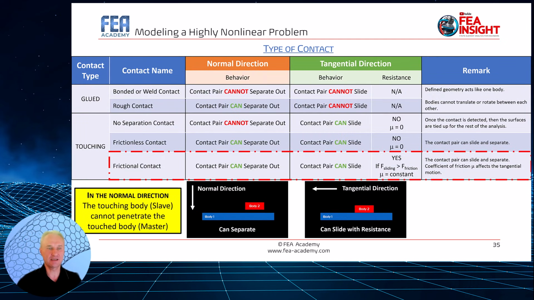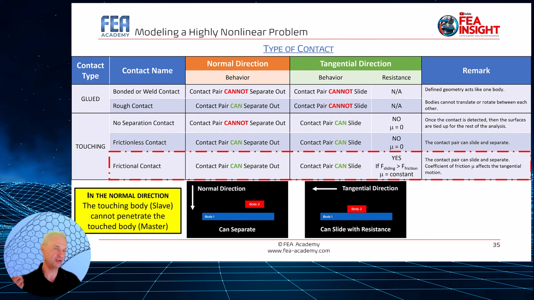Here, I want to discuss a little bit about the type of contact. Typically, with any FEA package, you have two types of contact. You have the glue contact and the touching contact. The glue contact, or specific contact, where you have bonded or weld contact and rough contact.